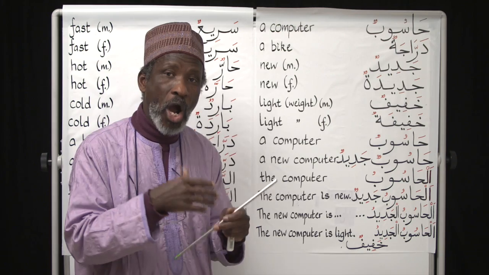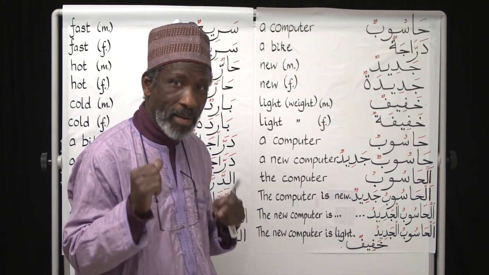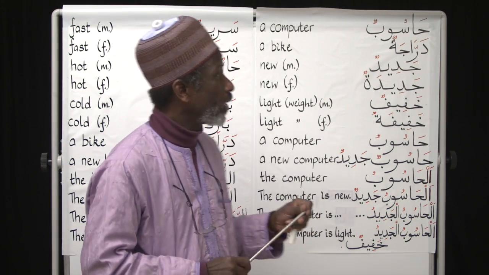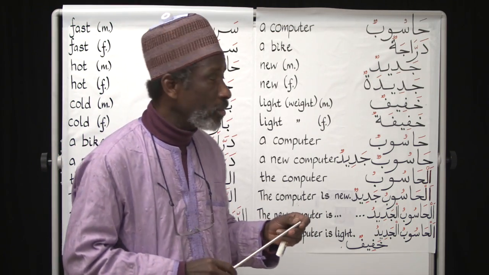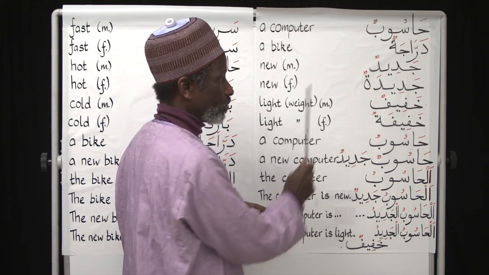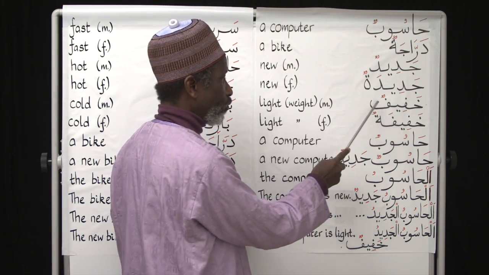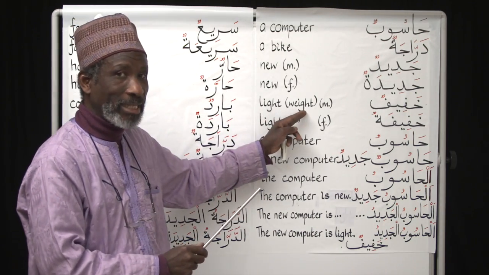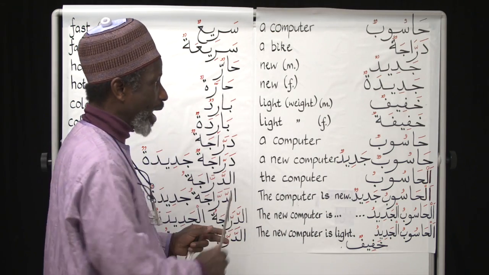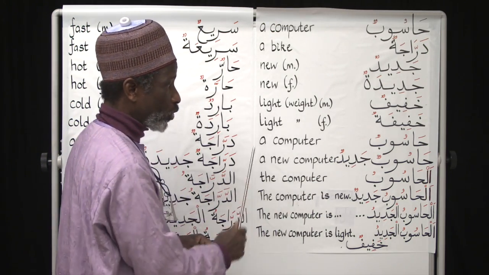So you know how we're manipulating the ending later on. So for now, in my class, I want to hear hasubun, darajatun, jadidun, jadidatun. New, that's the feminine version. Khafifun, light as in weight, that's the male. Khafifatun, light as in weight, that's the feminine version. Hasubun, a computer, right.